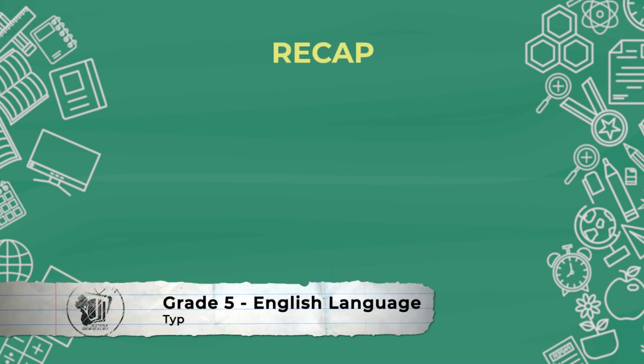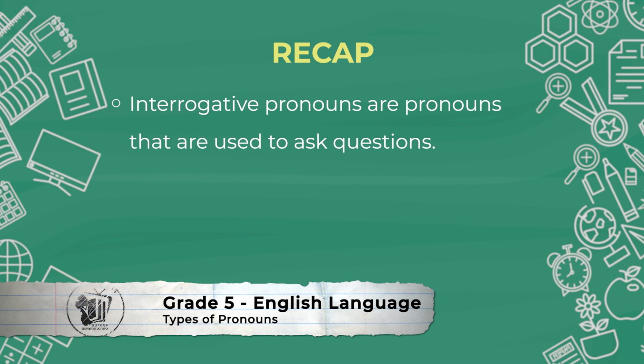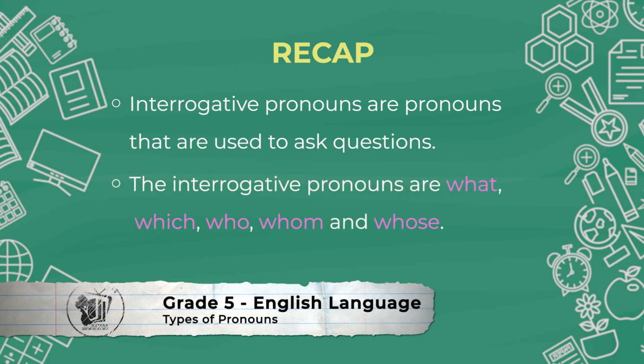But before you go, let us recap today's lesson. Remember that interrogative pronouns are pronouns that are used to ask questions. The interrogative pronouns are what, which, who, whom, and whose.